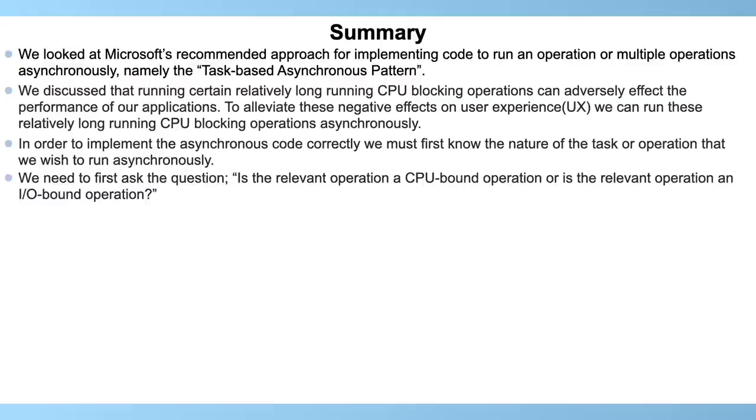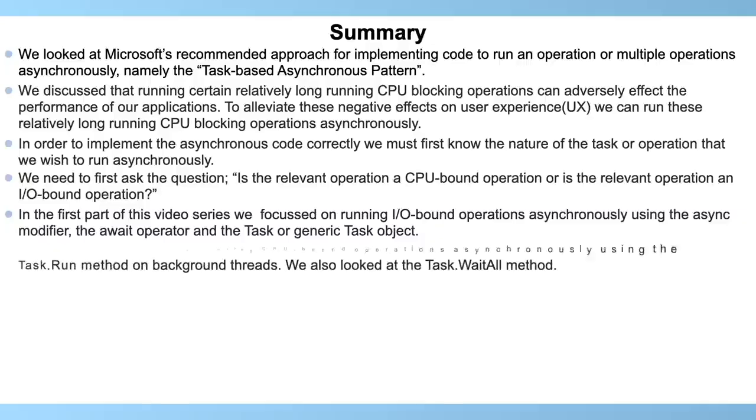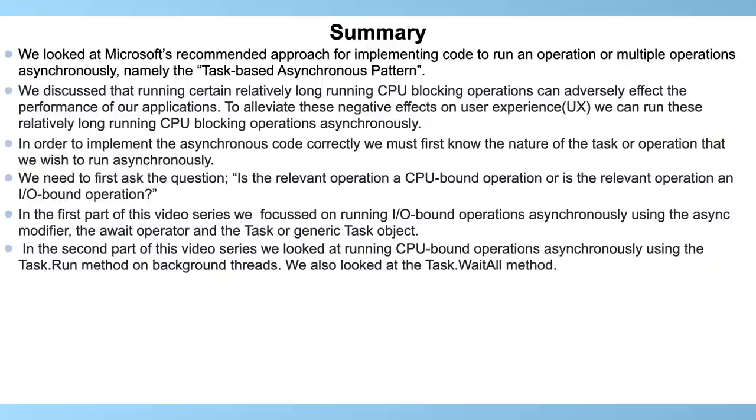In the first part of this video series, we focused on running I/O-bound operations asynchronously using the async modifier, the await operator, and the Task or generic Task object. In the second part of this video series, we looked at running CPU-bound operations asynchronously using the Task.Run method to run operations on background threads. We also looked at the Task.WaitAll method.